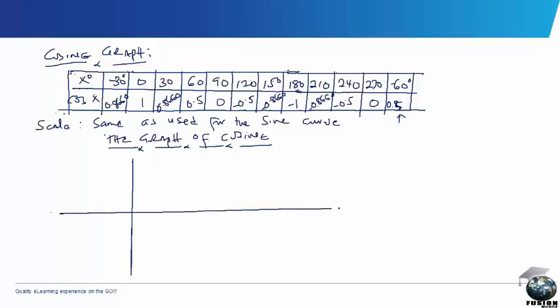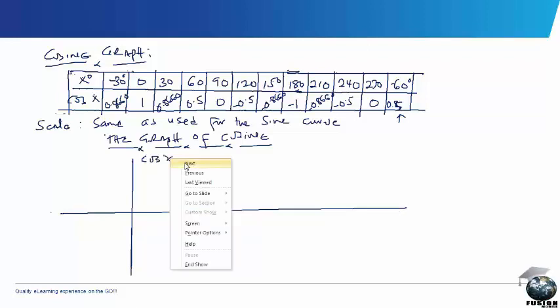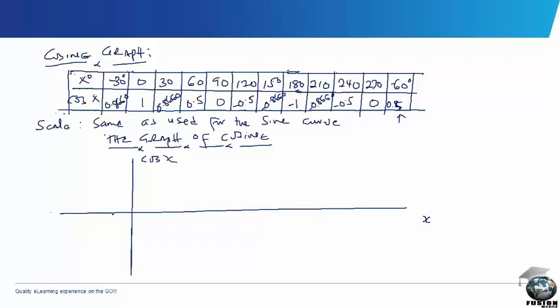This is my y-axis, cos of x, and this is my x-axis for x itself. If I fit values using the same scales, I have minus 30, minus 60, and then I have 0 at the origin.